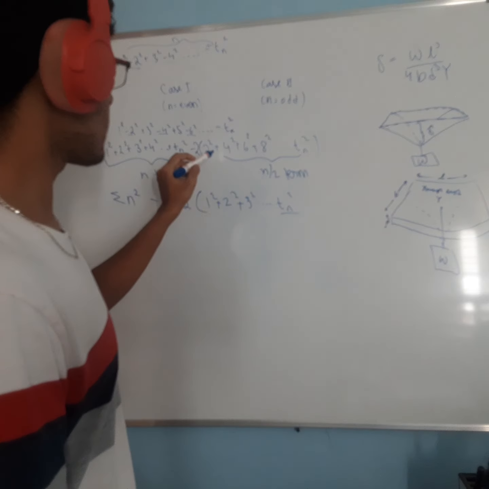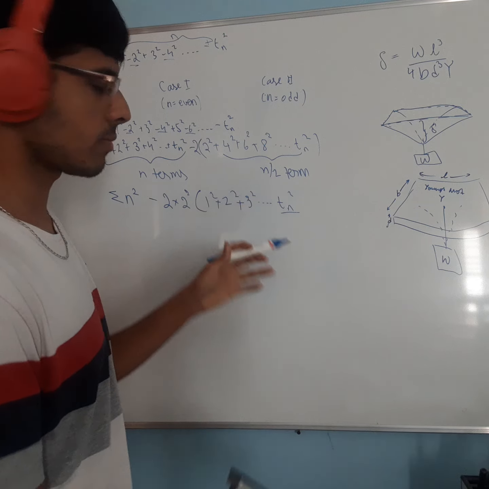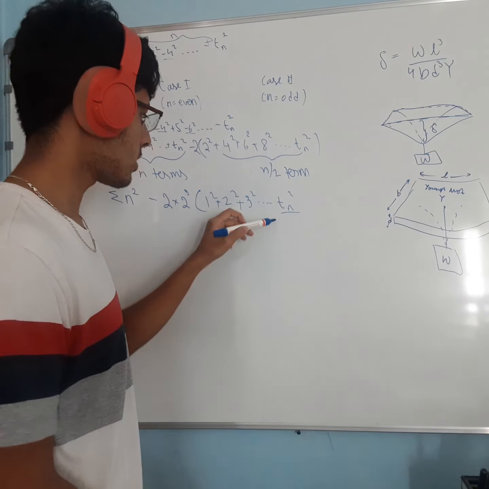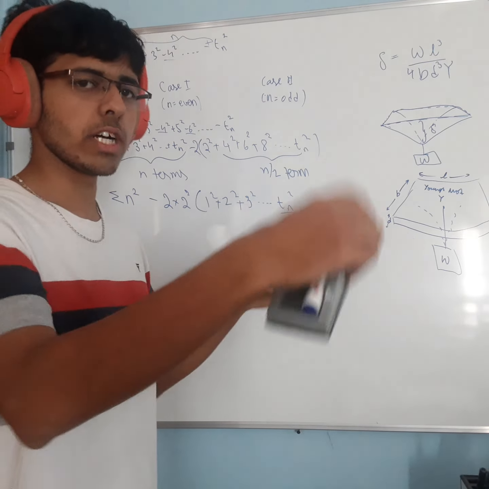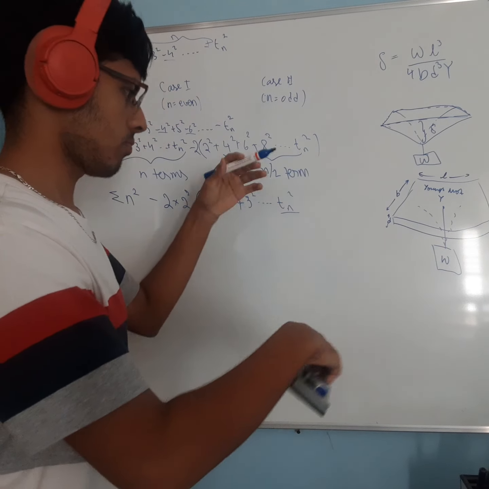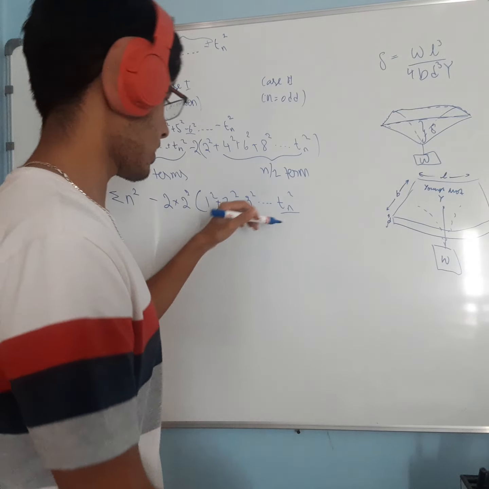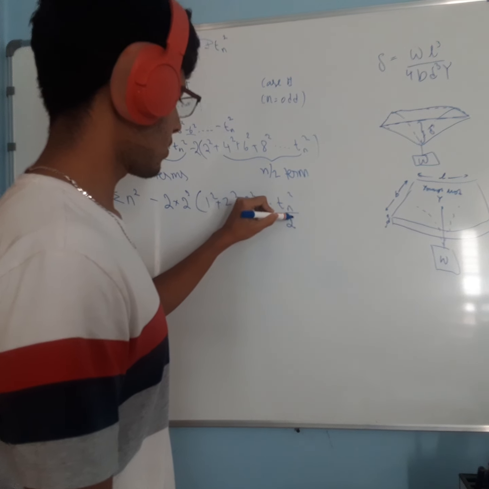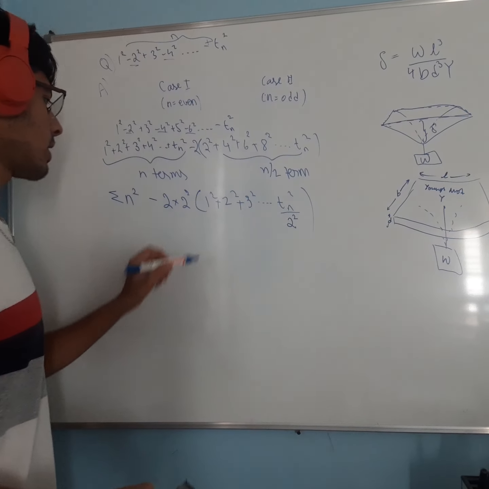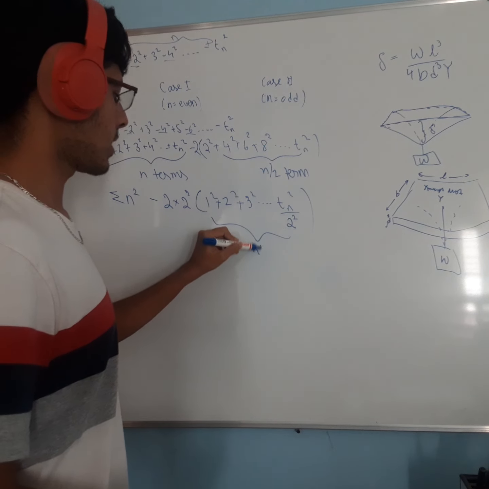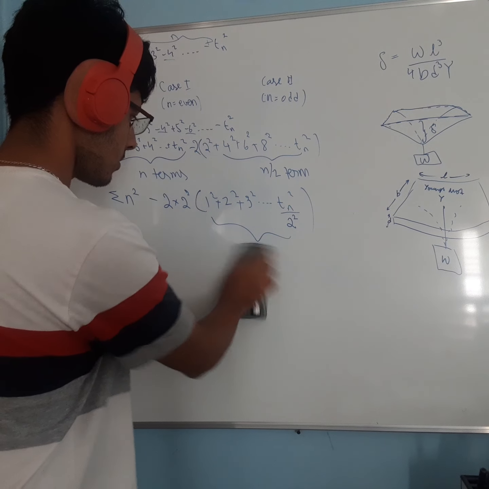And remember, if you're taking a 2 square common, it's basically like dividing by 2 square, where you divide and multiply on the numerator and the denominator. So this is what you're going to be getting, and again, there are only n by 2 terms over here, keep that in mind.